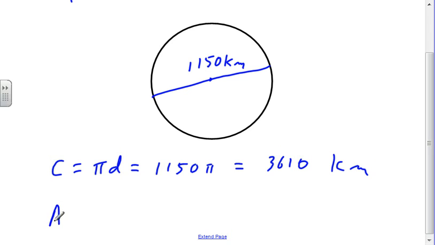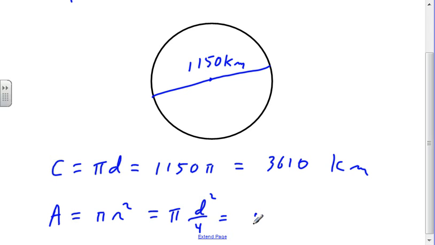I want the area, pi r squared, or pi d squared over 4. So pi times 1150 squared divided by 4.